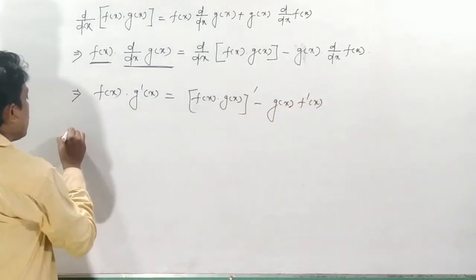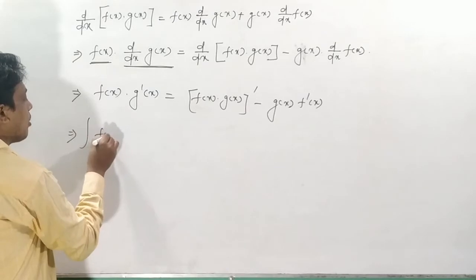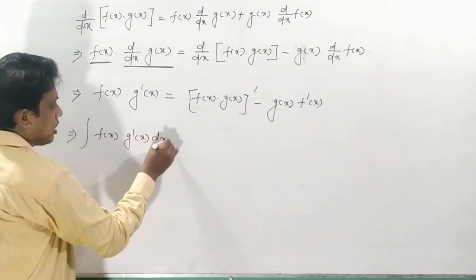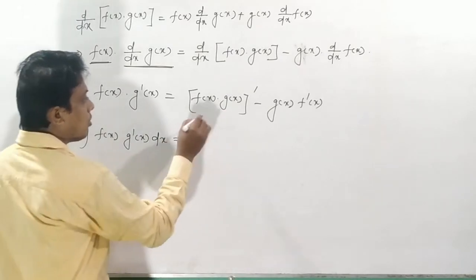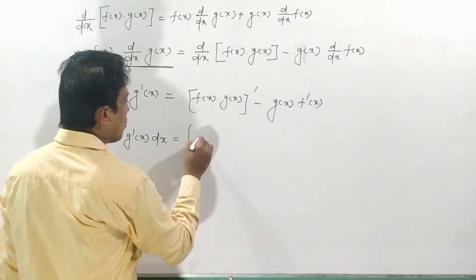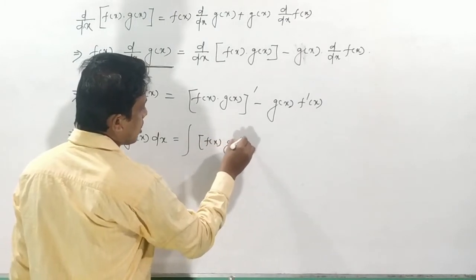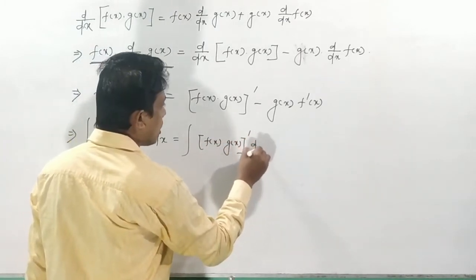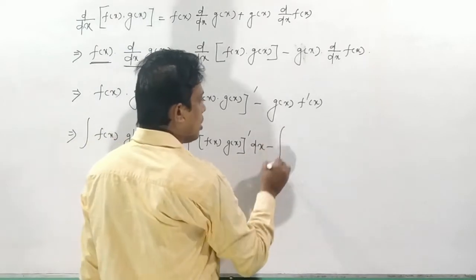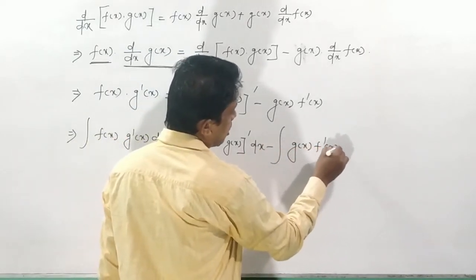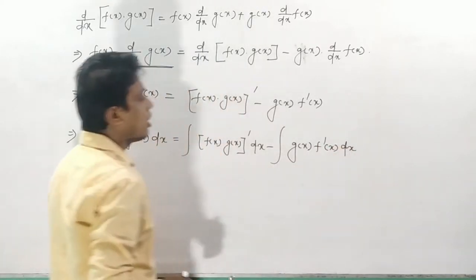If we integrate this, the integration of f(x) into g dash x into dx will be the integration of f(x) into g(x) whole dash into dx minus the integration of g(x) into f dash x into dx.